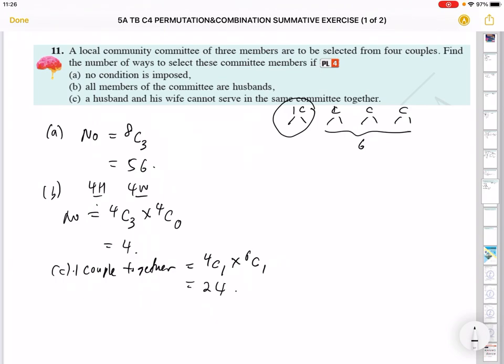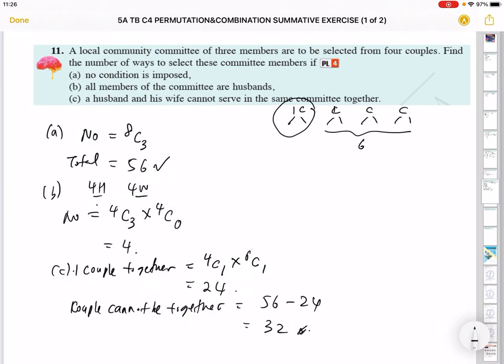But remember, if you have no condition, the total is 56. This 56 is your total without condition. So if the couple cannot be together, we have to take the total 56 minus the couple together, I get 32.